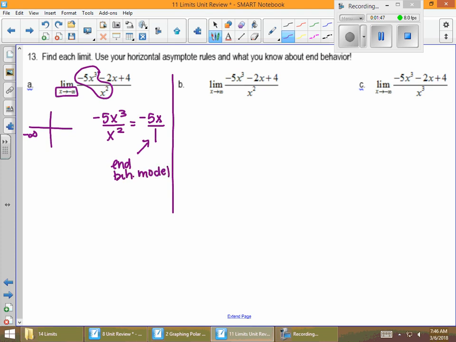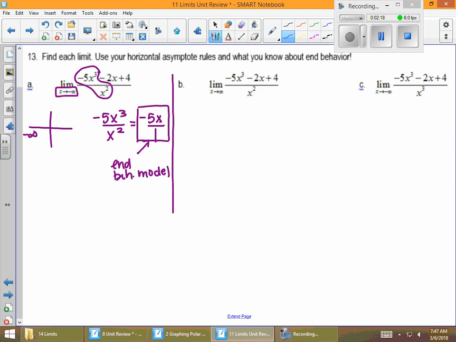And the reason we call it the end behavior model is because this messy rational function, negative 5x cubed minus 2x plus 4, all divided by x squared, has stuff going on in the middle. But the ends, way at negative infinity and way at positive infinity, are going to look like this line does.